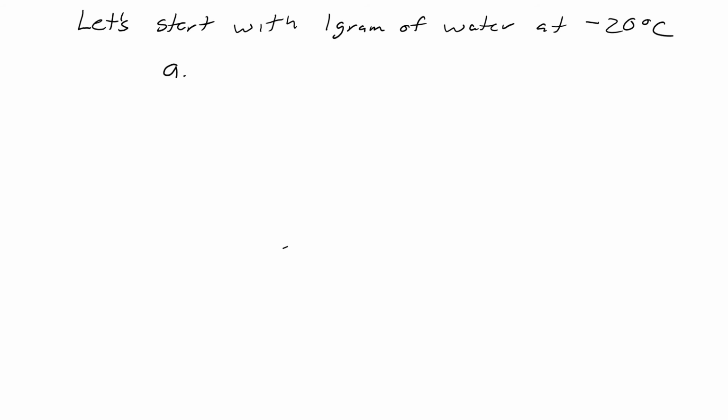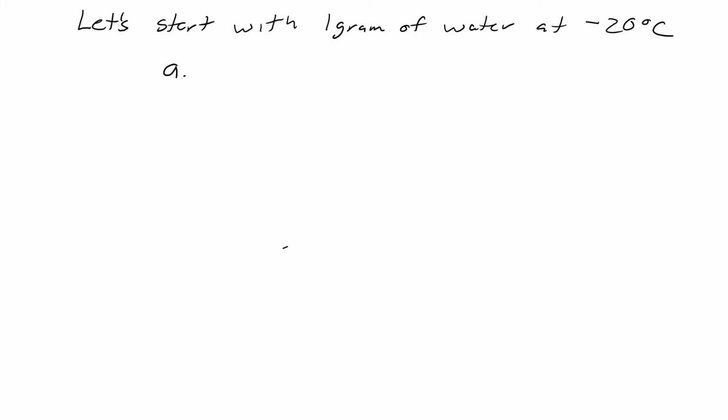What state of matter is our water in right now? Solid, right? Water freezes on Earth's surface at 0 degrees. We're at minus 20. Pretty damn cold, okay? So we have a little tiny chunk of ice.